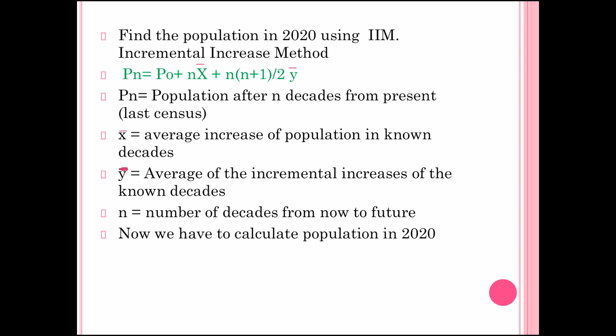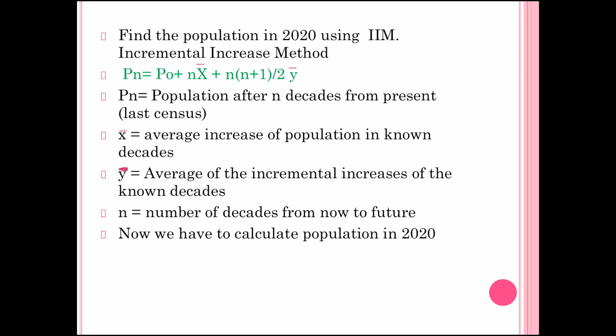Now the mathematical formula for calculating the incremental increase method, or IIM method, is Pn is equal to P naught plus n x bar plus n in bracket n plus 1 divided by 2 into y bar.